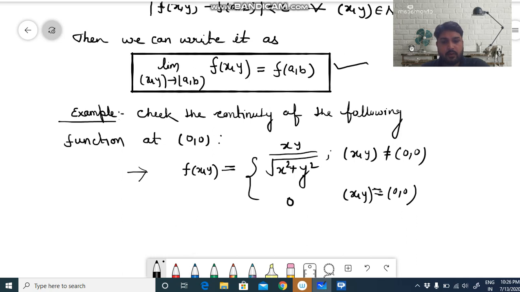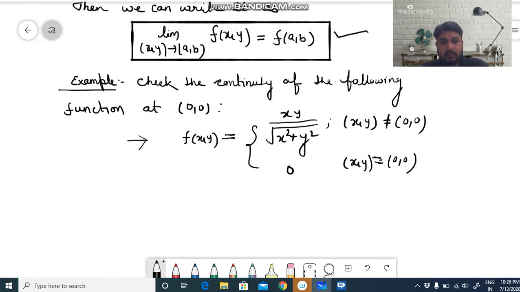You can find the value of the function at each point. Suppose we want to find the value of the function at (1,0), then in place of x we will use 1 and in place of y we will use 0. So 1 into 0 is 0. The value of the function at (1,0) is 0.